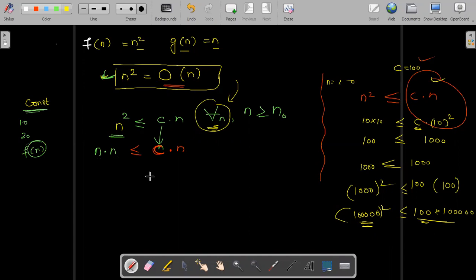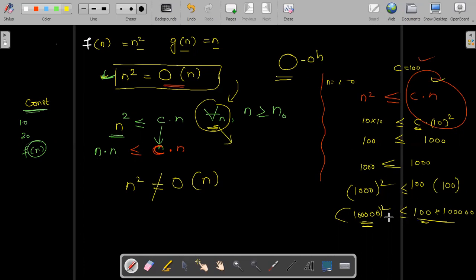So you cannot say that n square is big O of n. You cannot say this. That is the reason why we are not able to prove it. Everywhere we cannot write big O. Understanding? That is the problem. For every n value, it is not going to be satisfied.